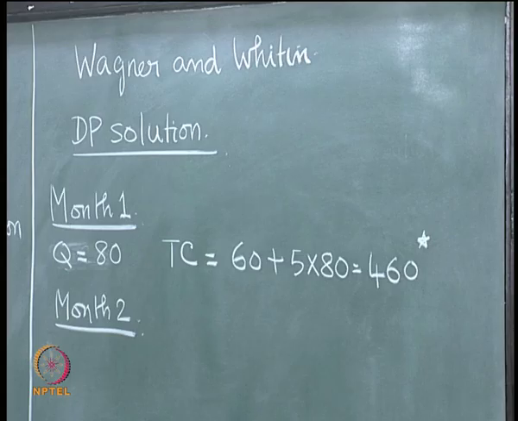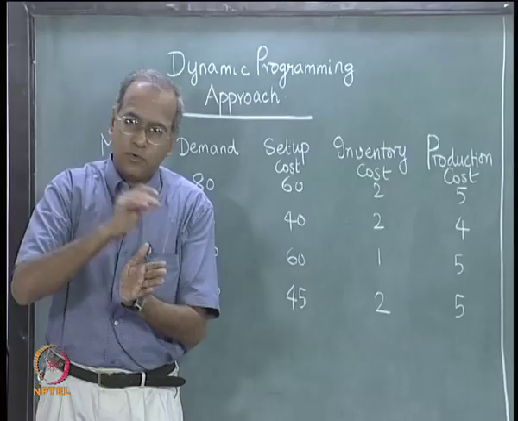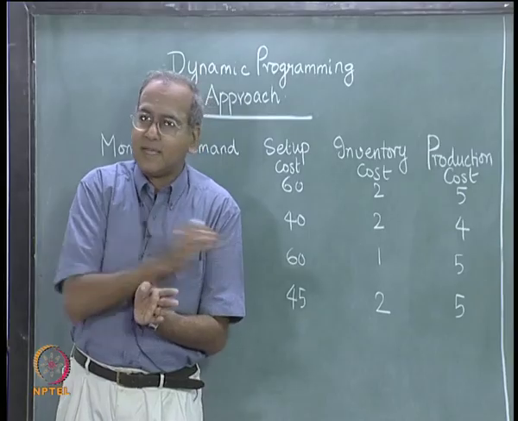Now, the month 2 demand can be met in two ways. One is to try and meet the first month's demand in the most economical way and use the previous result, which is the essence of dynamic programming, where the optimal decision up to the previous stage is computed and used for decision making in the next stage.